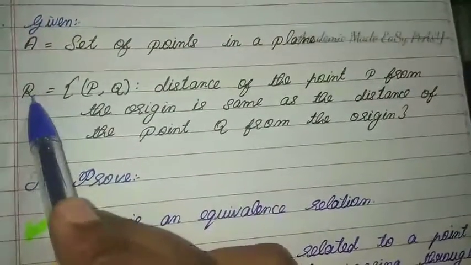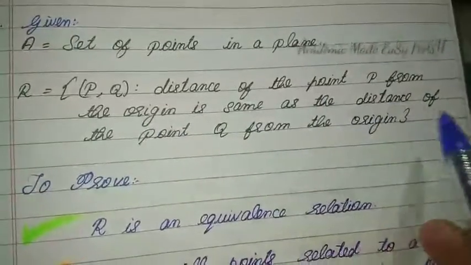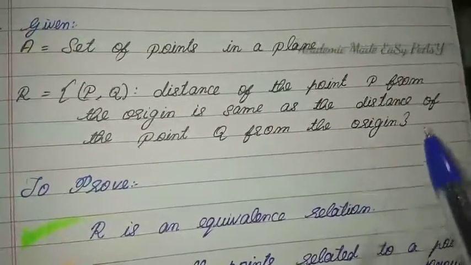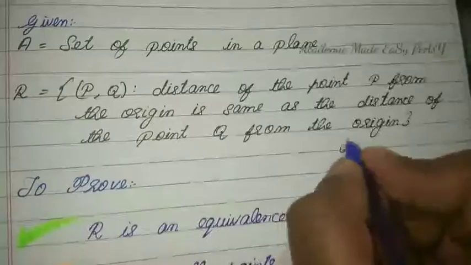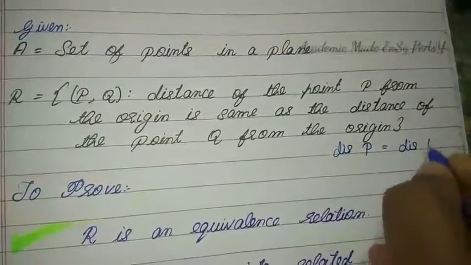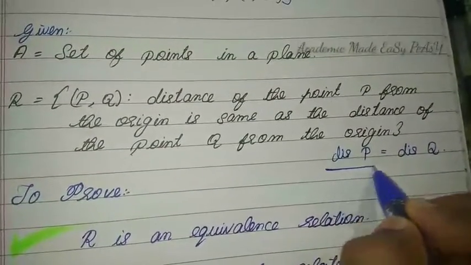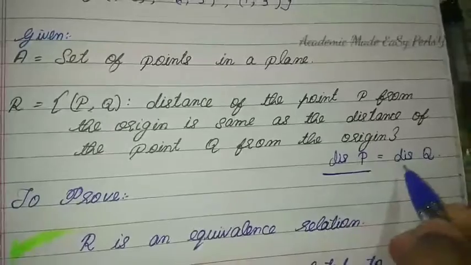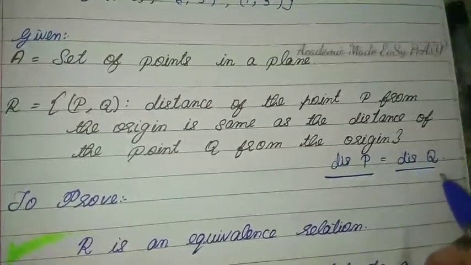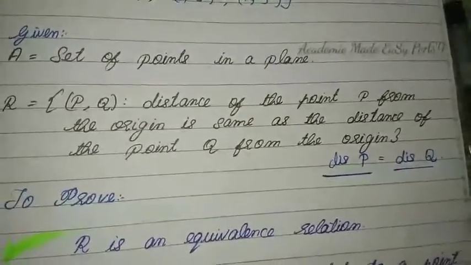So the relation says that the distance of the point P from the origin is the same as the distance of the point Q from the origin. It is nothing but distance of P is equal to distance of Q. These two are equal, and we have to prove that.